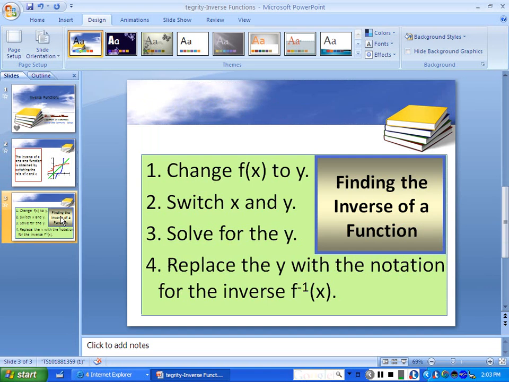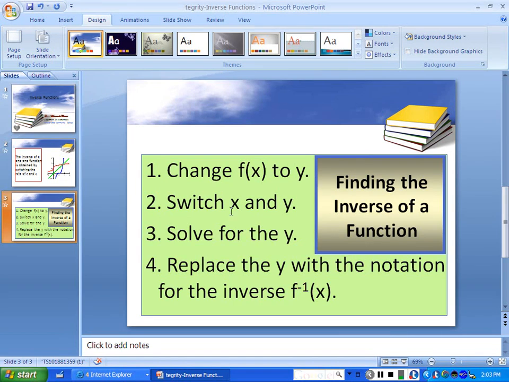Now what if you were given a function and you were told to find the inverse function? These are the steps. First, change the f of x to y if there is an f of x in the equation.